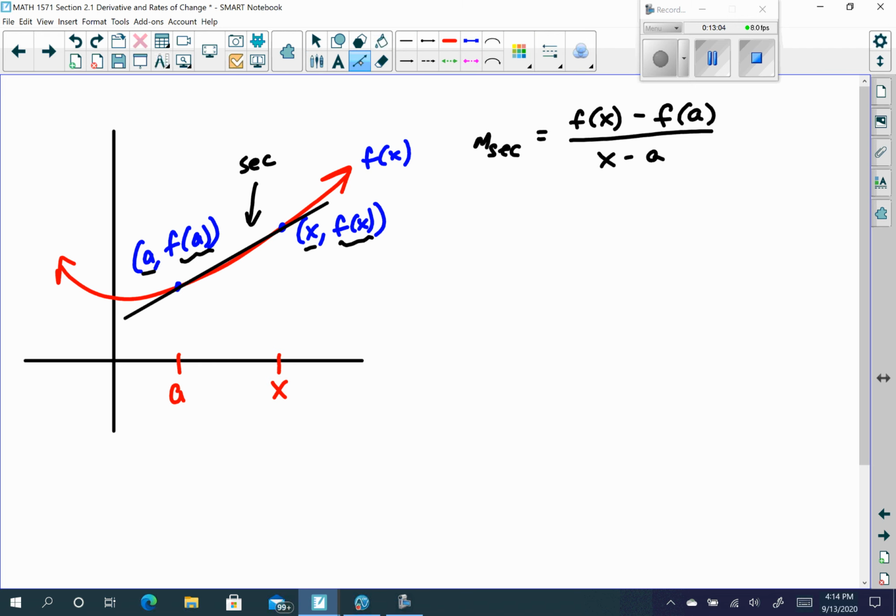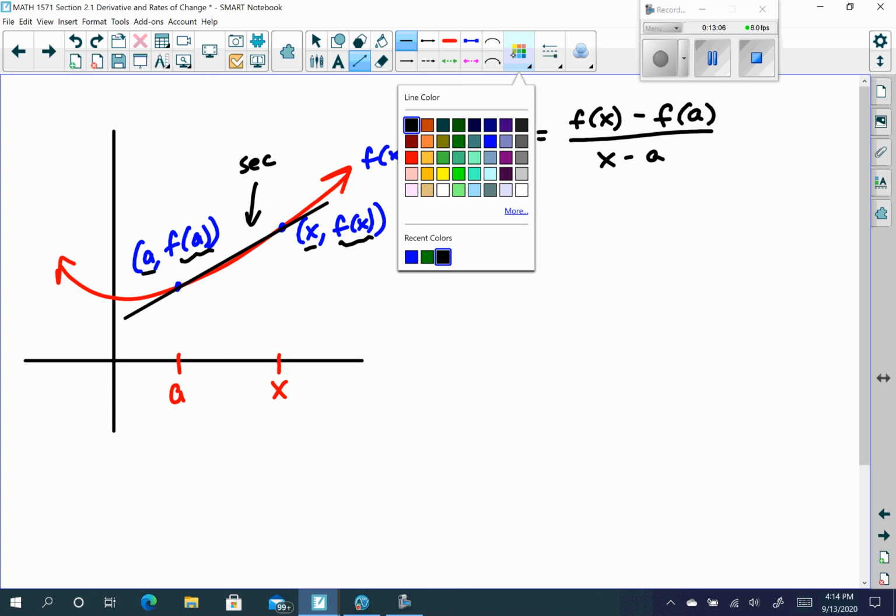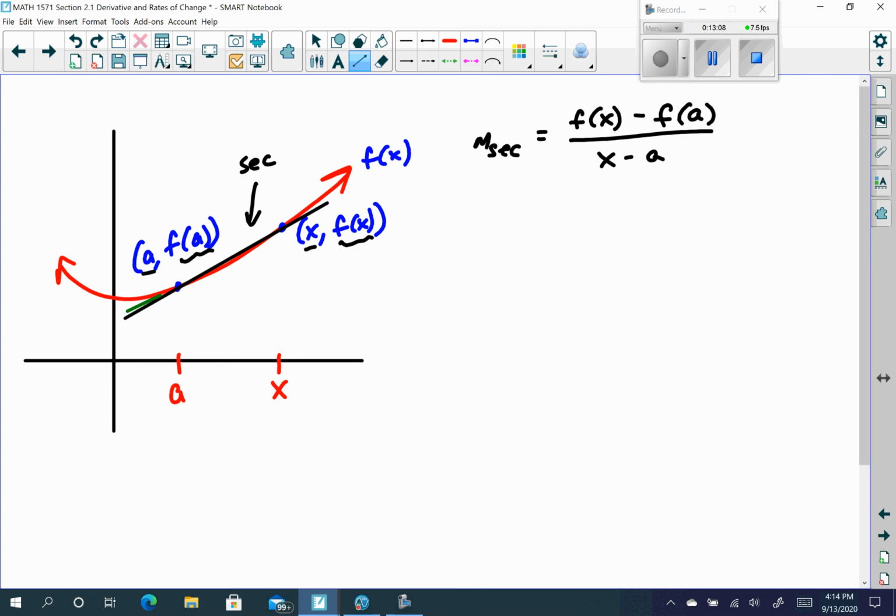But now to draw in the tangent line at a, this would now become, or I could write it as, f prime of a. It's still going to be the limit, but there's no h involved, so I'm not going to say h approaches 0.